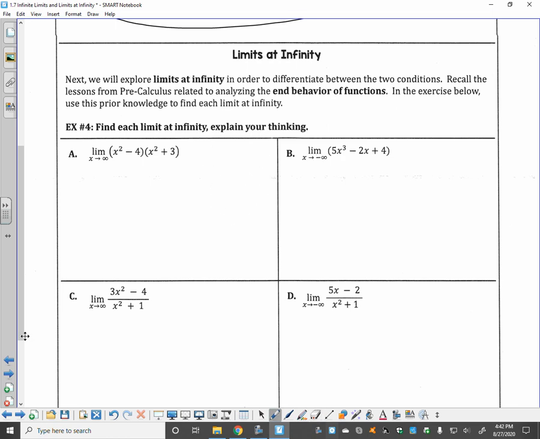Okay, that was based on if the leading coefficient is positive, then it rises to the right. If the leading coefficient is negative, then it falls to the right.